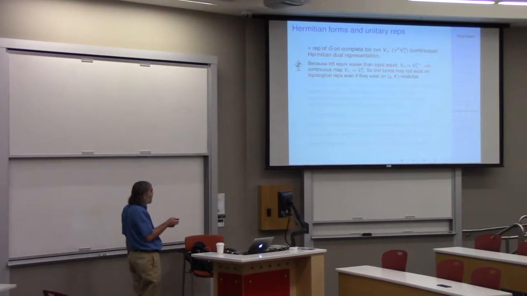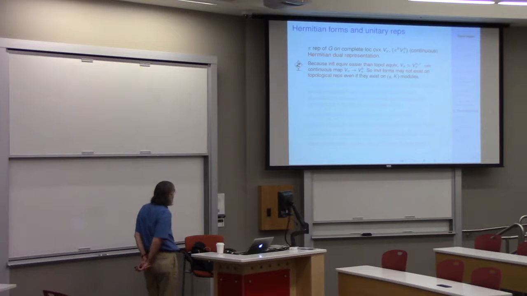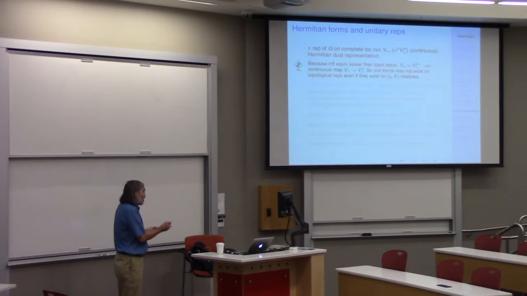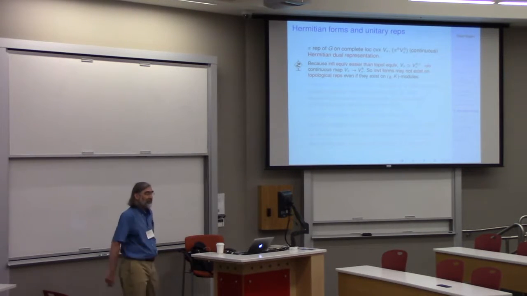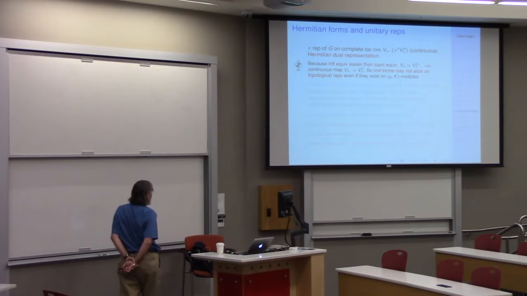So the statement about the module being equivalent to its Hermitian dual is a statement about Harish-Chandra modules. And even if that's true, which means that you get an invariant form on a Harish-Chandra module, it might not exist on the GK module.